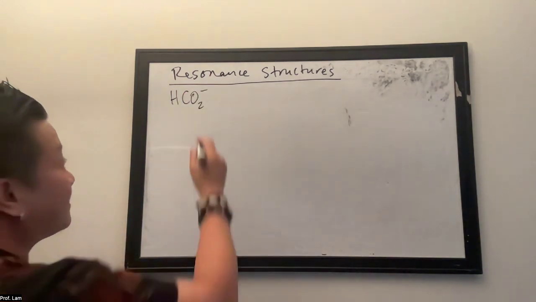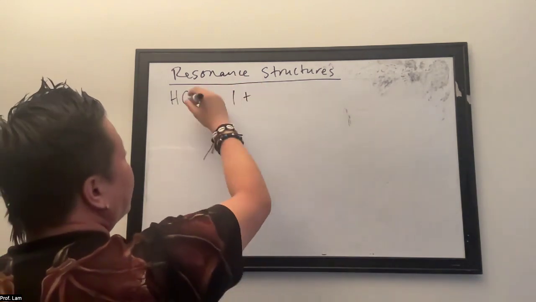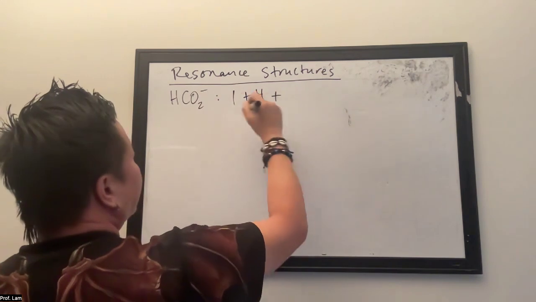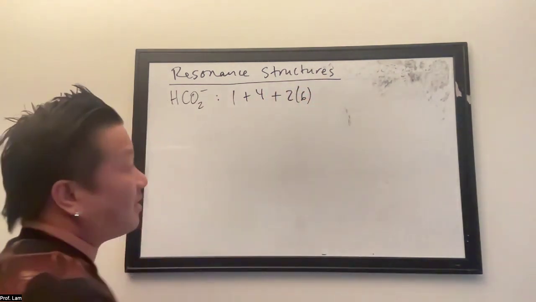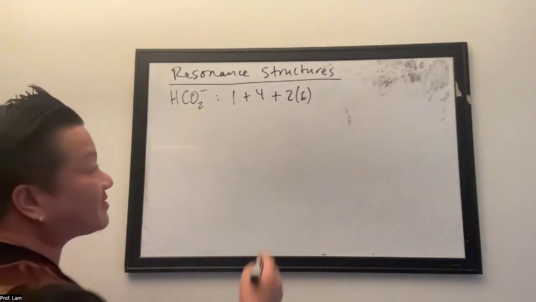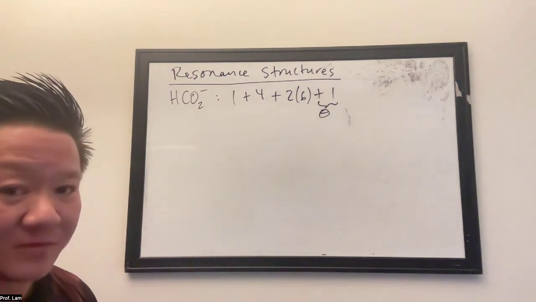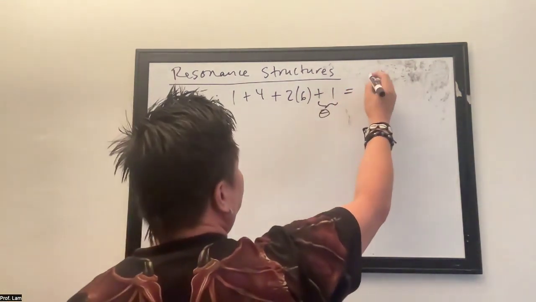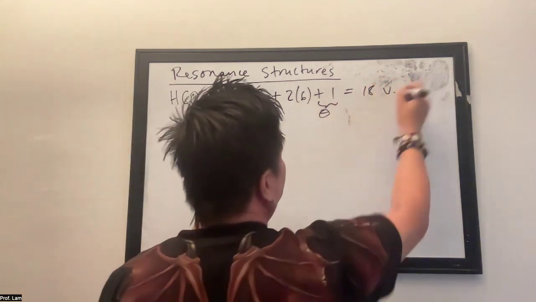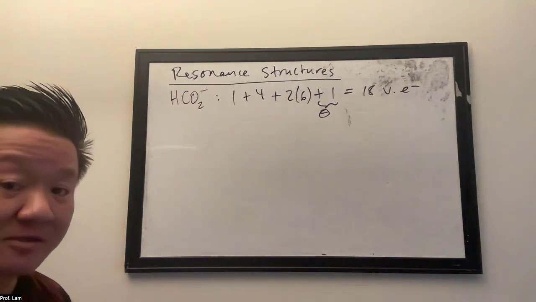So again, we have this negative charge. Hydrogen is 1 valence electron, carbon is 4, and then oxygen is 6, but you got 2 of them, so we're going to do 2 times 6. And remember what we're going to do with that negative sign? We'll do a +1, because that negative sign means you have 1 extra electron. So total here would be 18 valence electrons.